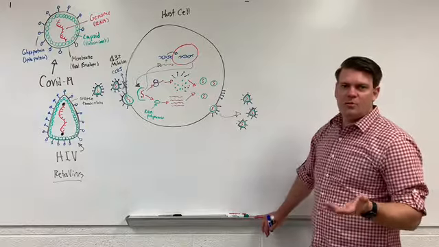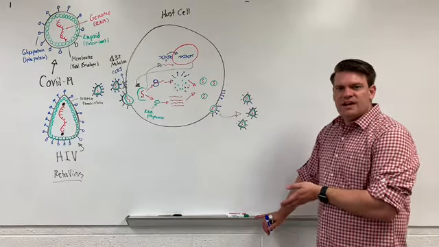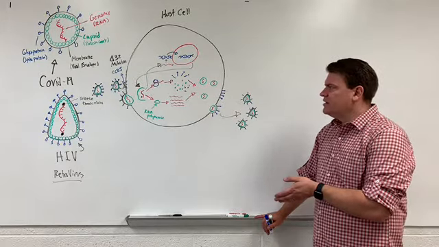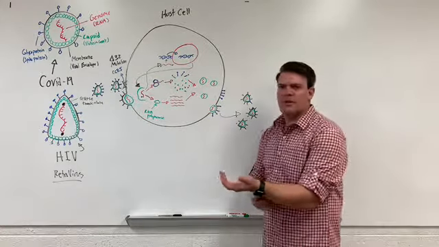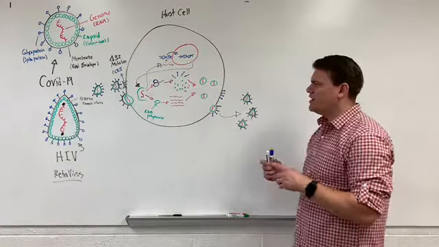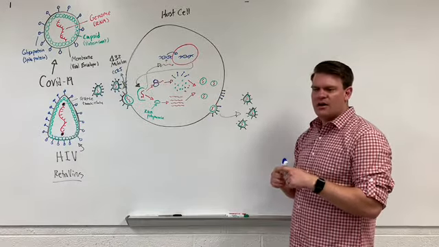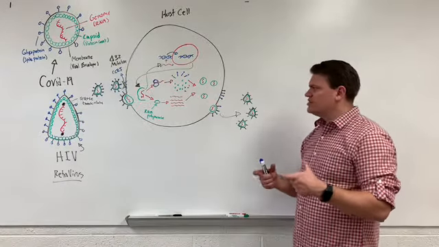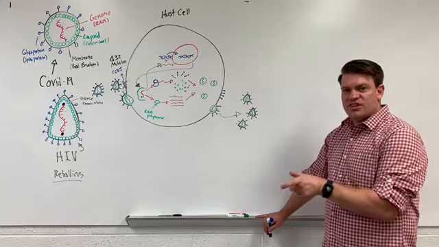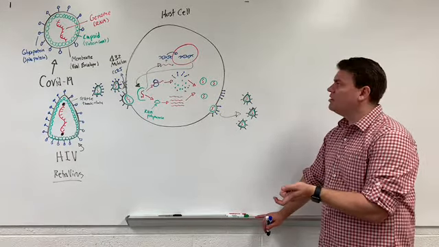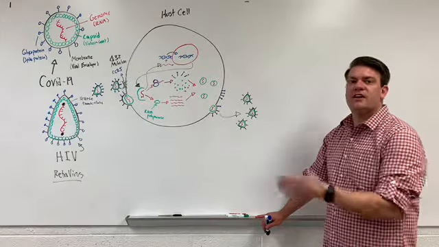So the normal therapy for sickle cell anemia is to do a bone marrow transplant. Inside your bone marrow, and we're going to talk about this a little bit later when we look at our cells and our stem cells, there are stem cells that create all of our blood cells and our immune cells.